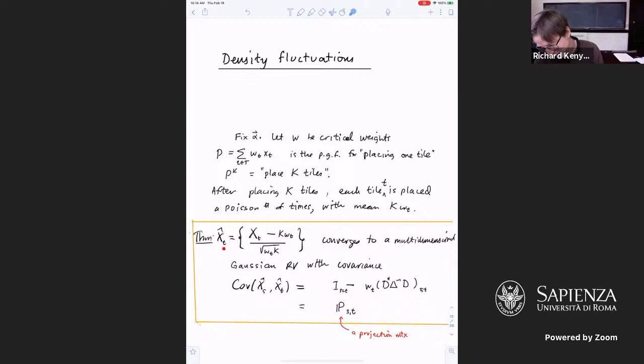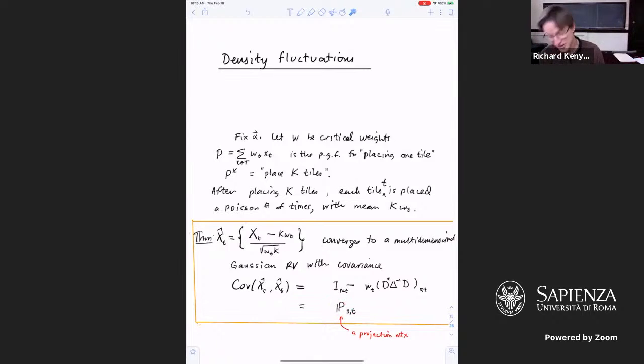You take this process, and when you restrict to the appropriate subspace, you get a multidimensional Gaussian, which has a particular covariance function, which you can actually write down. As we all realize, the multidimensional Gaussian is of course determined by its covariance function. In this case, the covariance function is a simple matrix.